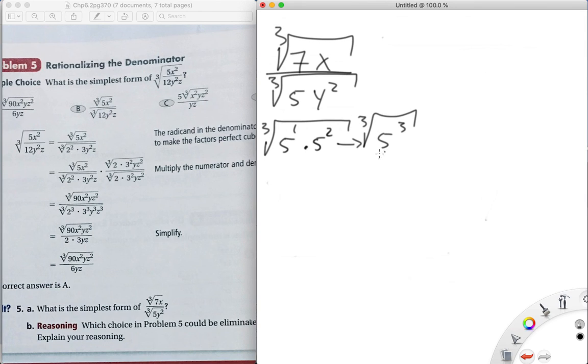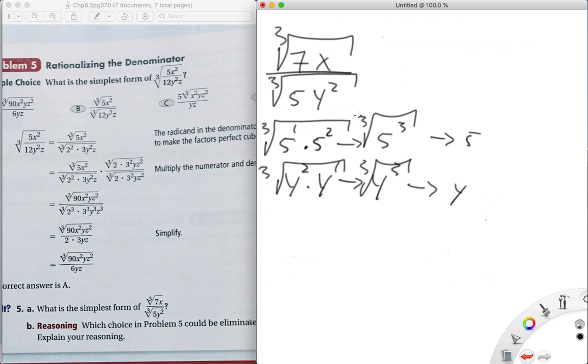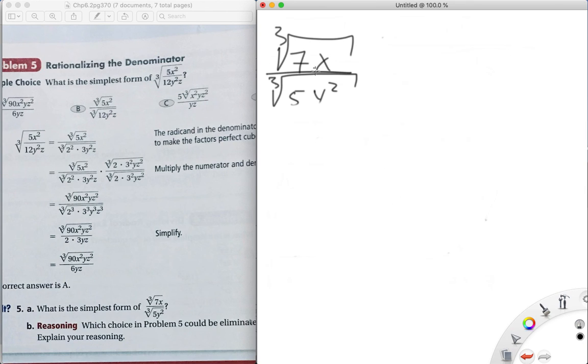There's a y to the second, so I'm going to multiply that times y to the 1 so that I can have y cubed cube root. That gives me my 5 and my y, so I'm going to turn this down here into 5y. So this is times the cube root of 5 squared times y. What I do to the bottom, I've got to do to the top: 5 squared y.